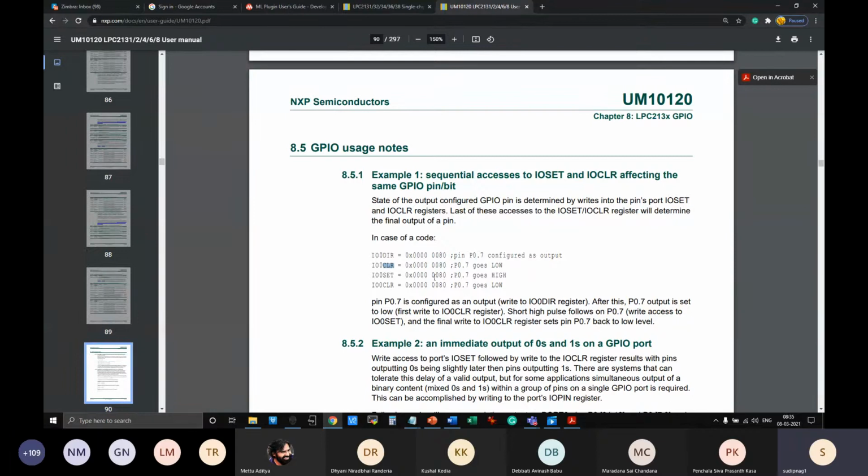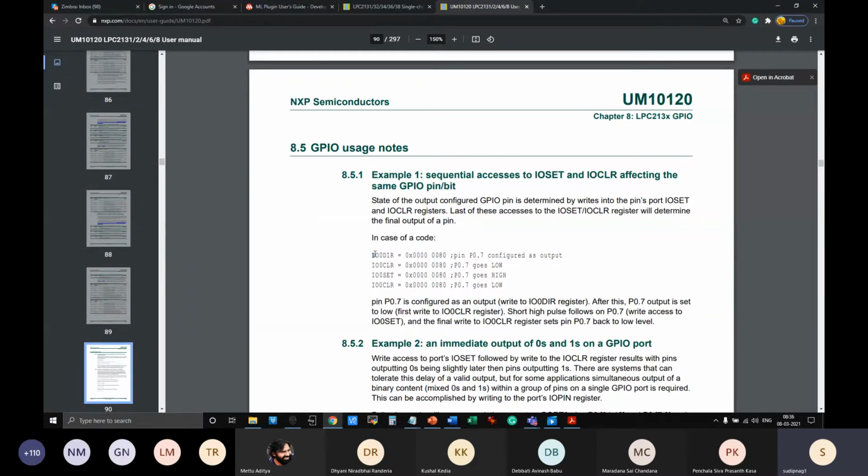If you want to write 1 into 0.7, you have to write logic 1 to the set register for the same bit location. Again you can do the clear, which makes it 0, then 1, then 0, and so on. This is a very simple example where they are setting the pins.